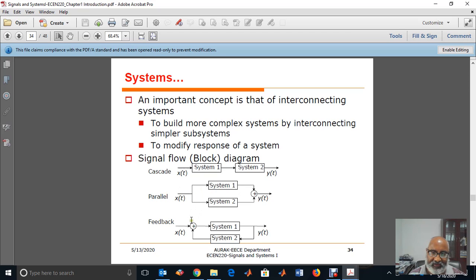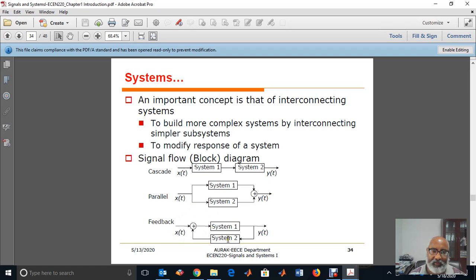This is a parallel system. We can also have a feedback system, where we have the input to system 1, and the output may not be the desired output. So the output is fed back through another system, system 2, and then the two are combined and given as the input to system 1.